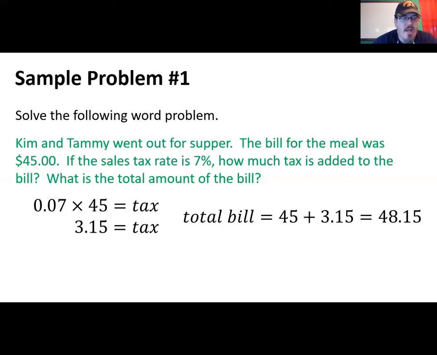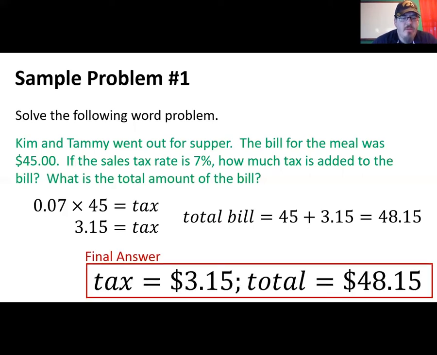To calculate tax, it's just a quick multiplication: the percent written as a decimal times the total amount. So the tax was $3.15, and the total amount was $48.15.